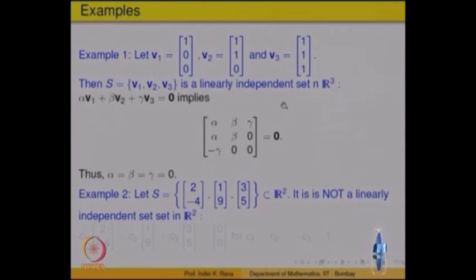Here it is quite easy to see that you can represent a linear combination of them equal to 0. How will you make the first component 0? First component, for example, 2 plus 1 minus 3 will give you 0.